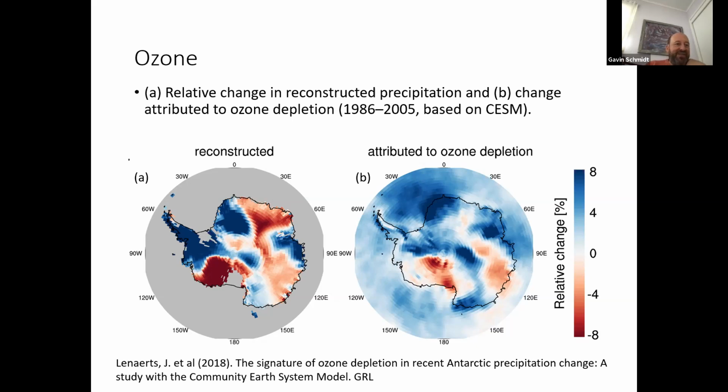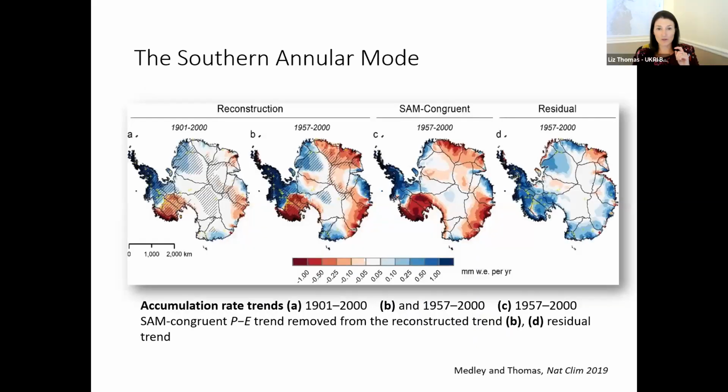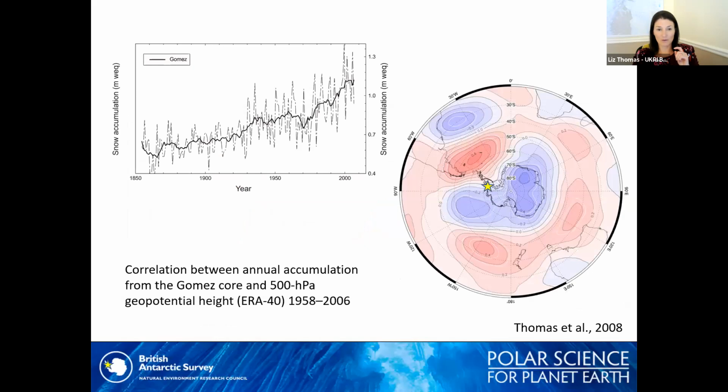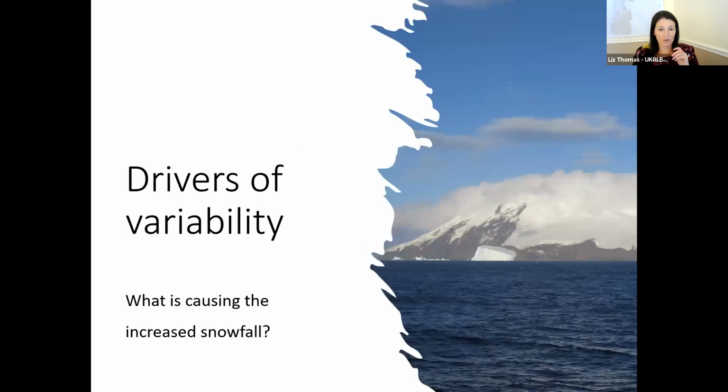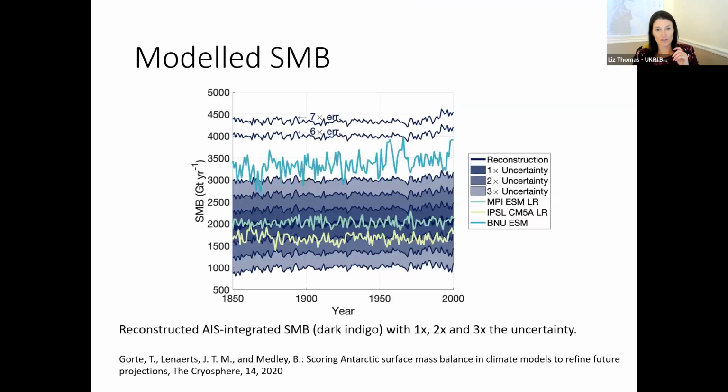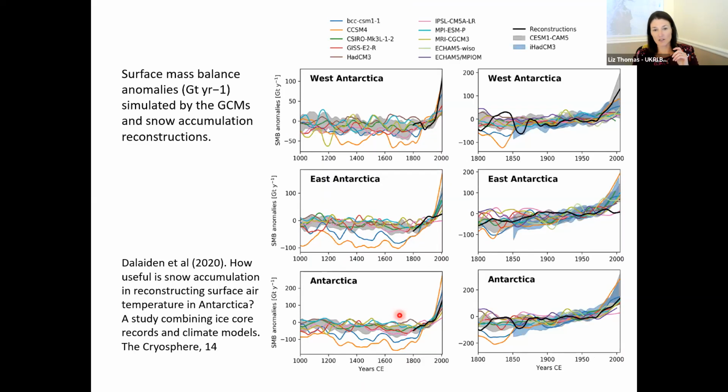Well, this might be some of the work with Goose and some of his groups. So this is showing what the models have been showing during the historical period. Those are CMIP5 models, which are a little bit out of date and have, in general, pretty bad Southern Ocean climatologies.